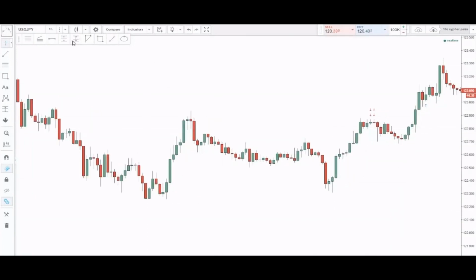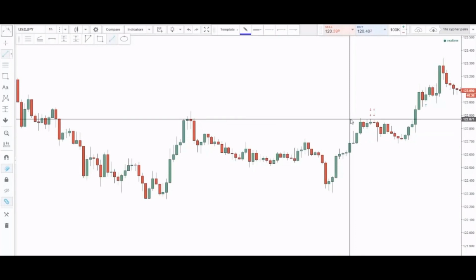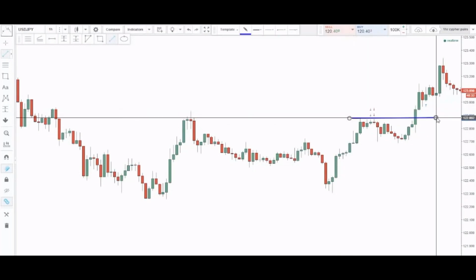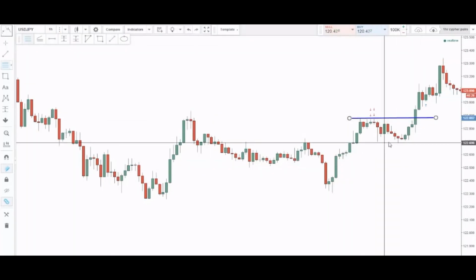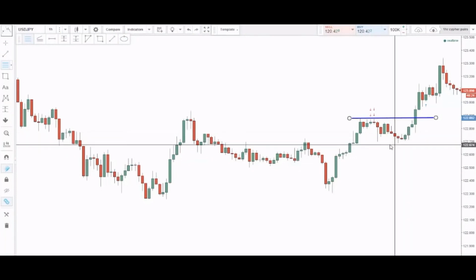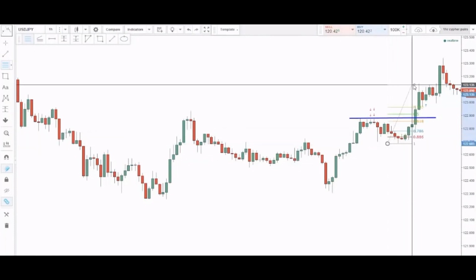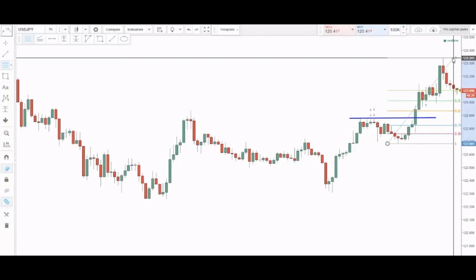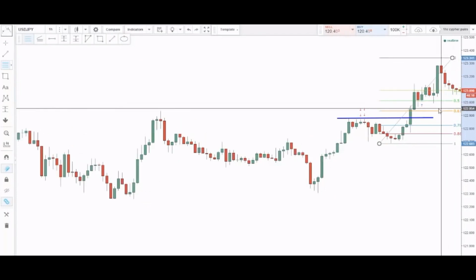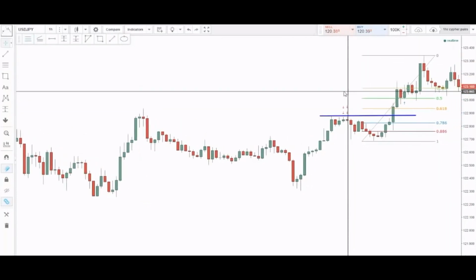As you can see, we get another break above, close above this previous resistance level right here. On this candle, we break above, close above this level. So what I would do is take a Fibonacci retracement from this swing low, the most previous swing low here, up to the swing high before we start to really retrace.